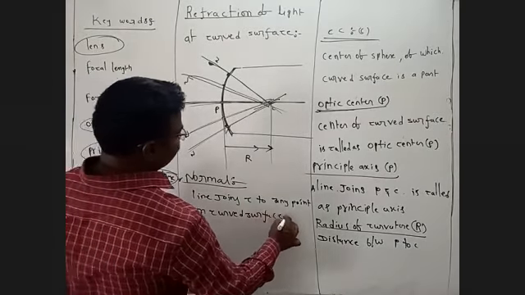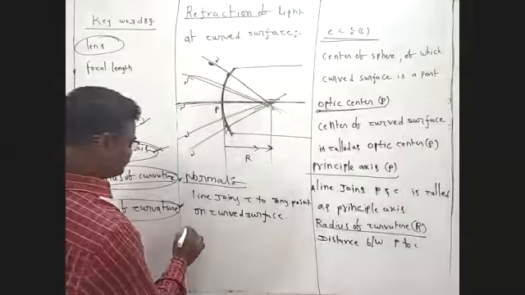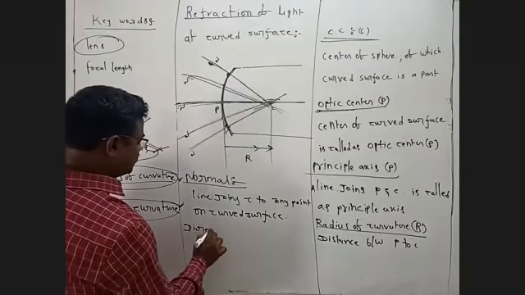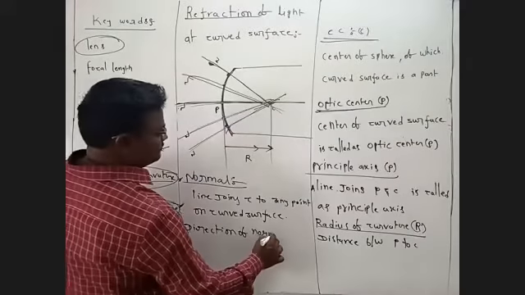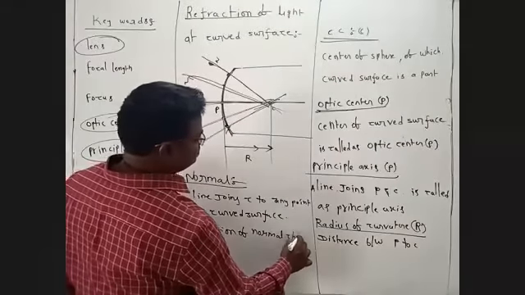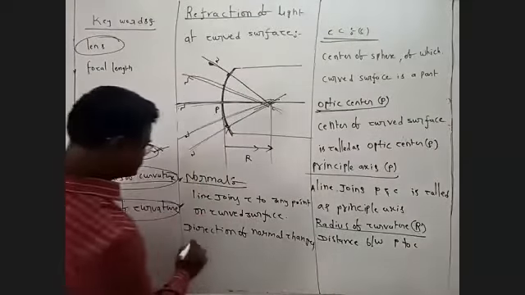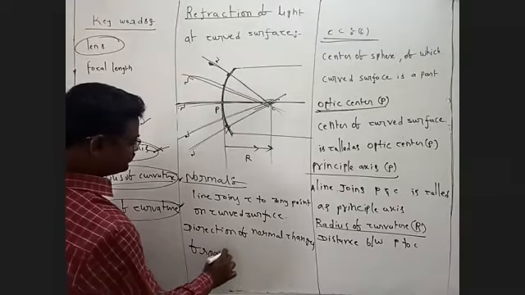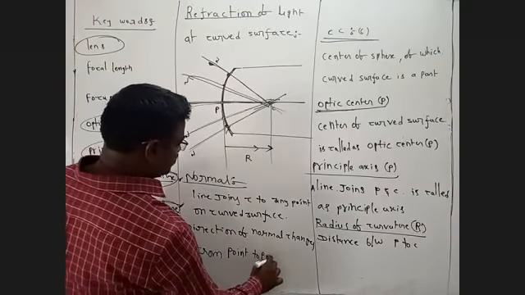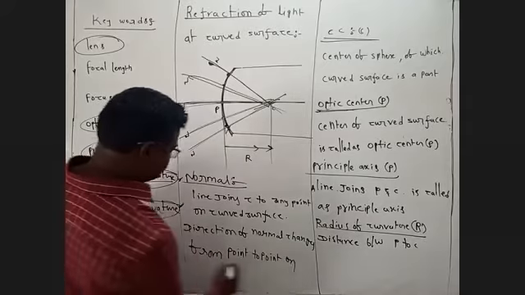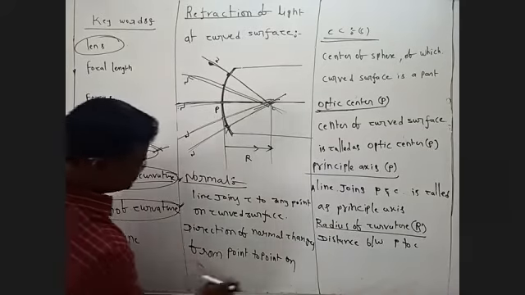Next, the direction of the normal changes from point to point on the curved surface.